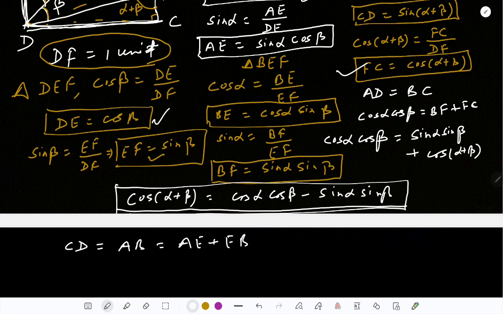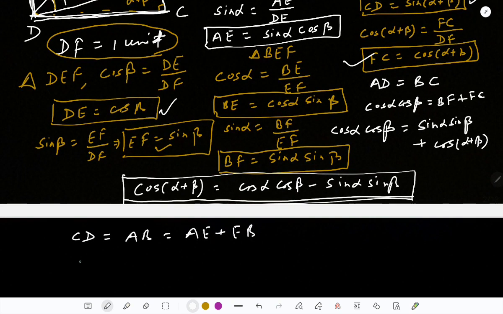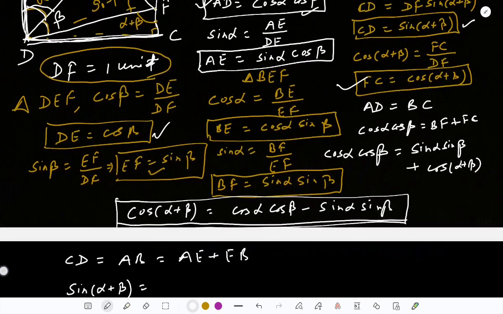And CD, we have somewhere CD, and you can see here CD is equal to sine alpha plus beta. So I'm going to write CD equals sine alpha plus beta. We don't need AB because AB is already written in terms of AE and EB. So we have to find out the value of AE.